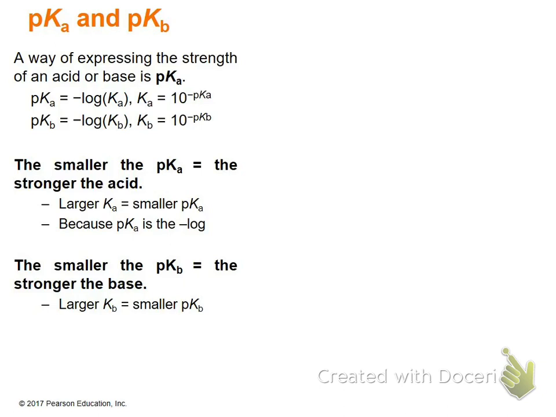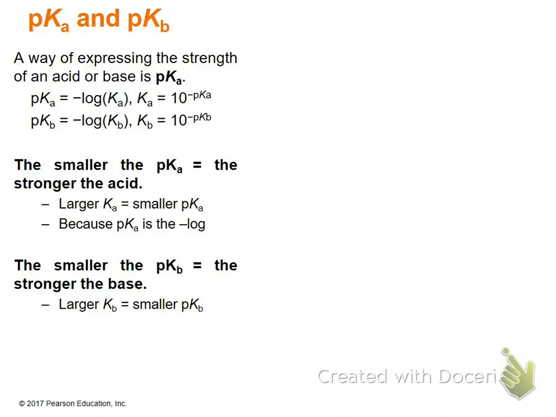So pH means you're taking the negative log of the concentration of the hydrogen ion or the hydronium ion, and pOH is the negative log of the concentration of OH minus or the hydroxide ion. And so pKa means that you're taking the negative log of the Ka, and Ka is the ionization constant for an acid. And pKb is the negative log of Kb, which is the ionization constant for a base.